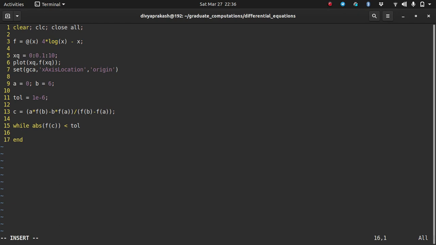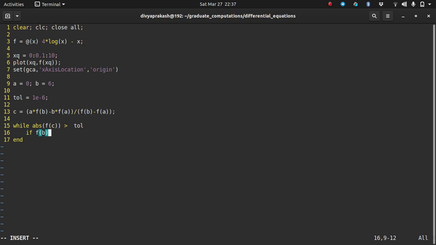First it checks whether the value of the function at c is less than the tolerance. While the value is greater than tolerance, do the steps inside. As soon as it is less than the tolerance, we have achieved our goal.